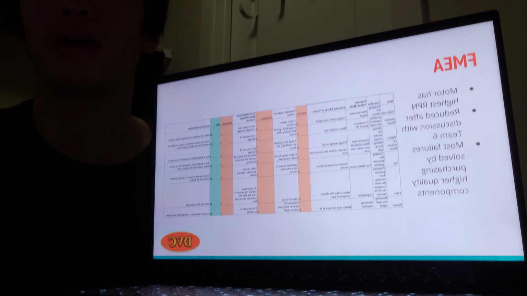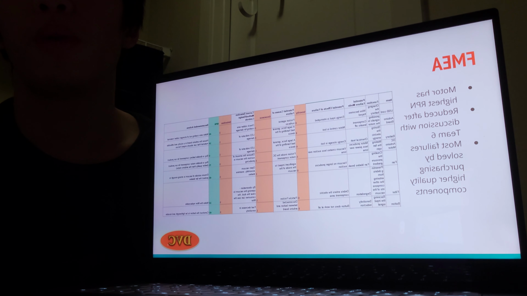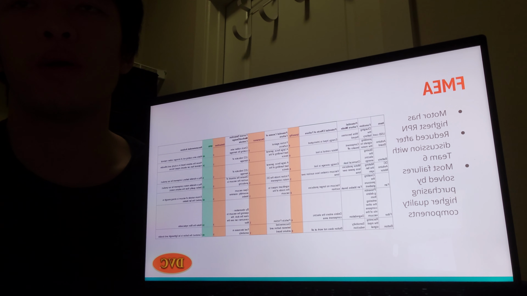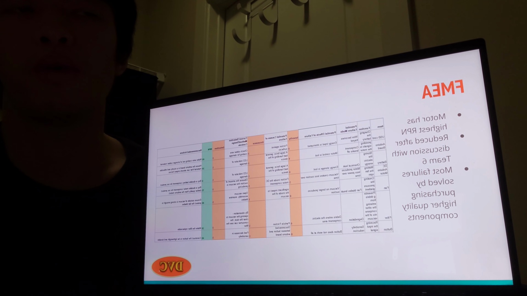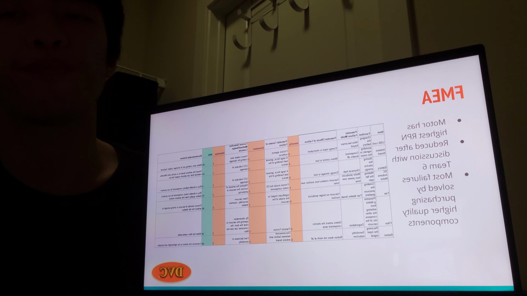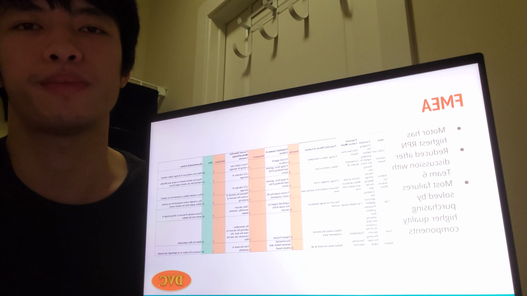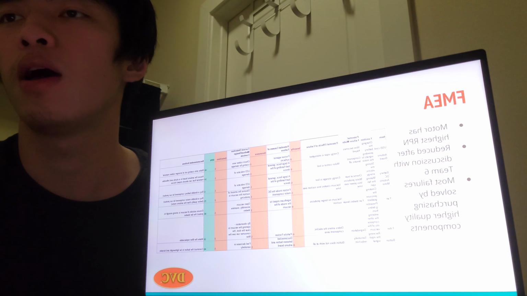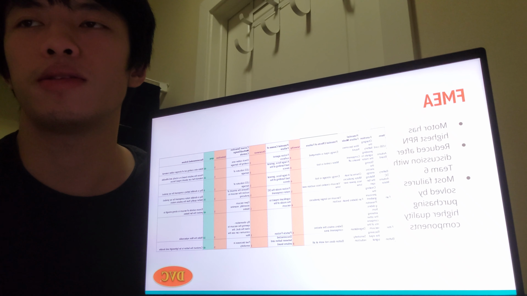The next thing is FMEA. We list all the components of our vacuum, and we also list the possible problems and the solution for each problem, and we find the motor has the highest RPM.